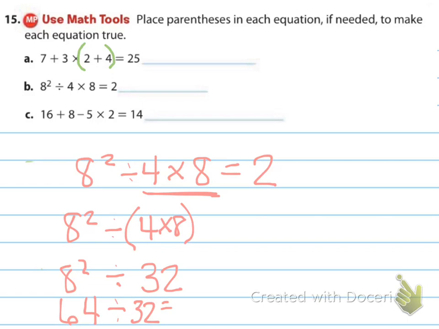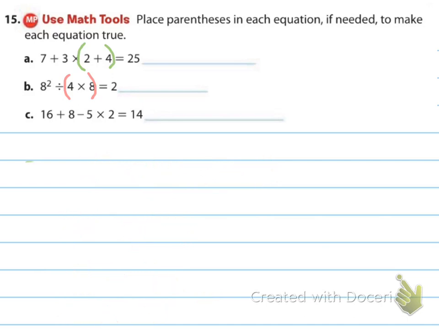And then 64 divided by 32 is 2. So there we go. So I found out that the ones in parentheses should be 4 times 8. If I'm going too fast for you, always know that you can rewind it and rewatch.